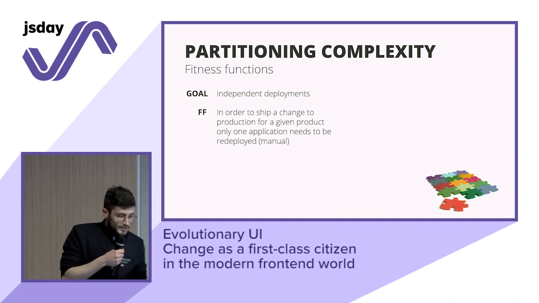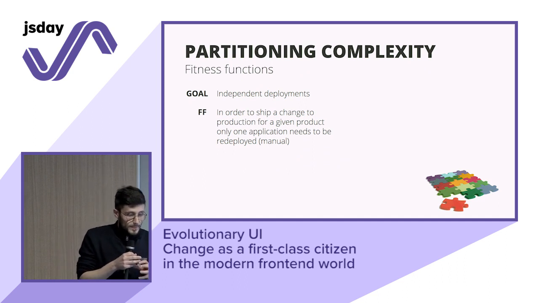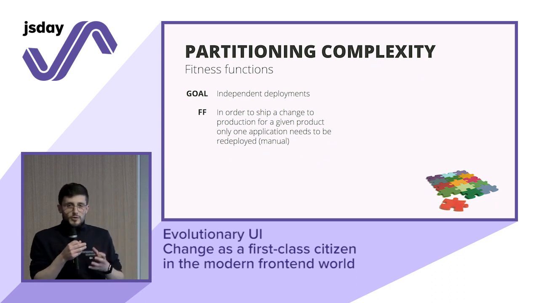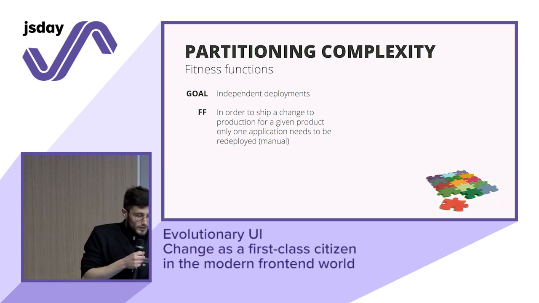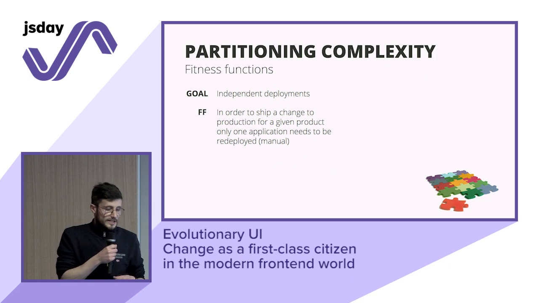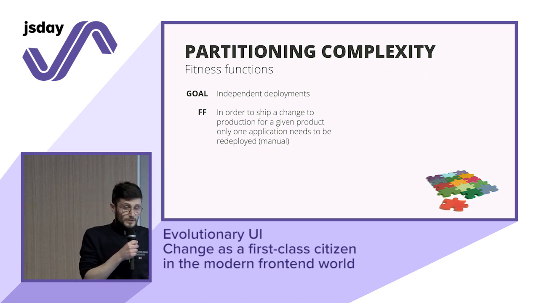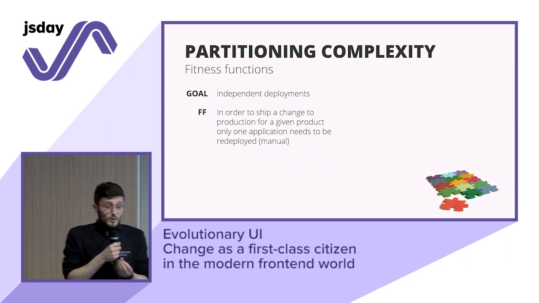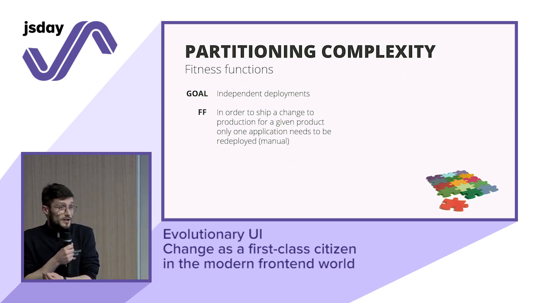This is the idea of having different parts of your UI released to prod independently. The fitness function could be: shipping a product change to production requires only one application to be redeployed.